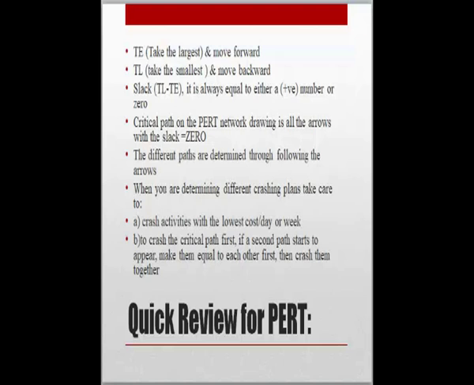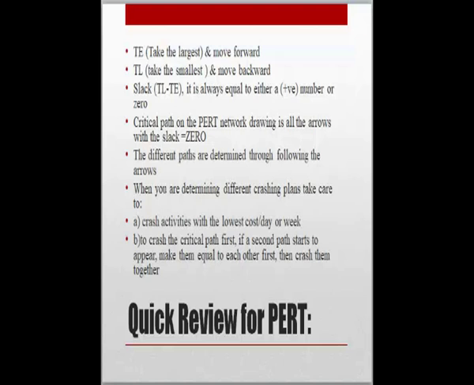And when calculating TL, which stands for the latest allowable time, if you have 2 arrows coming out of an event, you always calculate it by looking at the tails of the arrows.